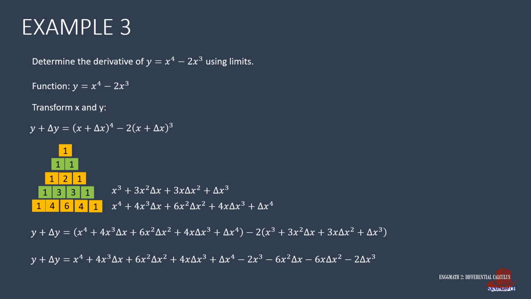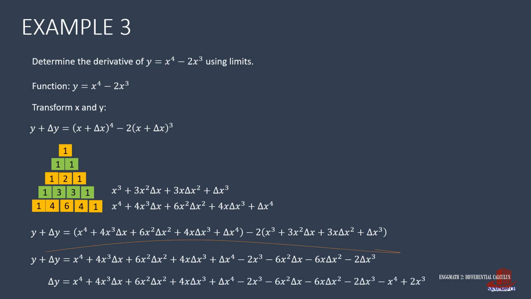There are no similar terms as of the moment, so transpose y to the other side, and again, y is in terms of x from the premise. By subtracting y, which is x raised to 4 minus 2x cubed, a couple of terms are cancelled out.